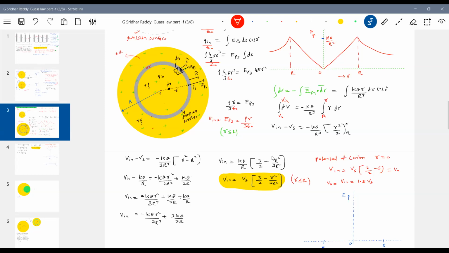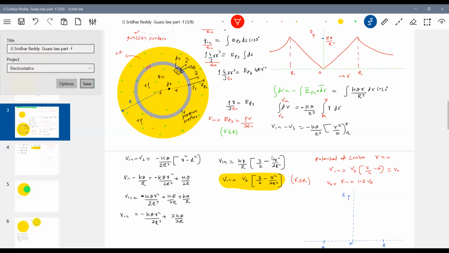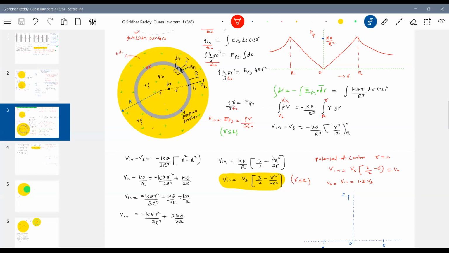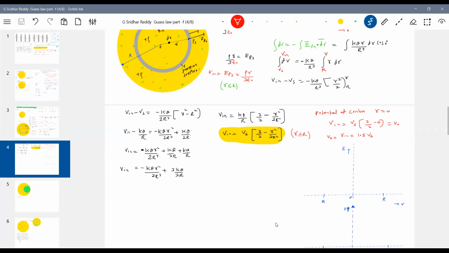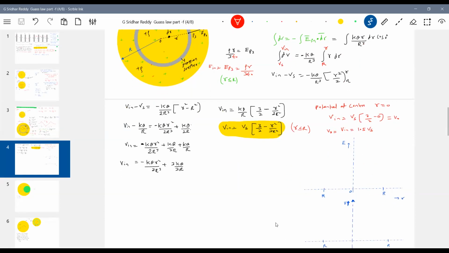Okay, nobody will ask you derivation, but the formula is very, very important. Potential inside uniformly charged sphere. Okay, what about the variation? Already I have shown the electric field variation. This is for electric field.